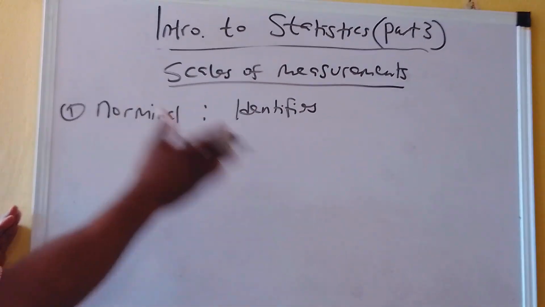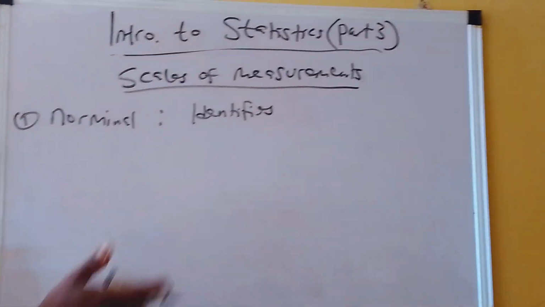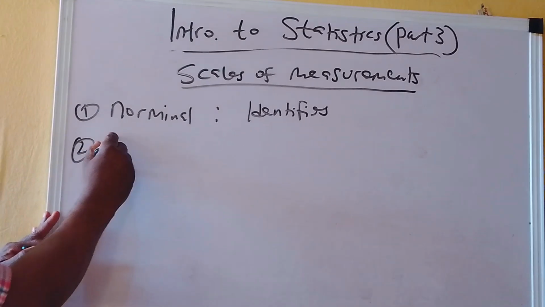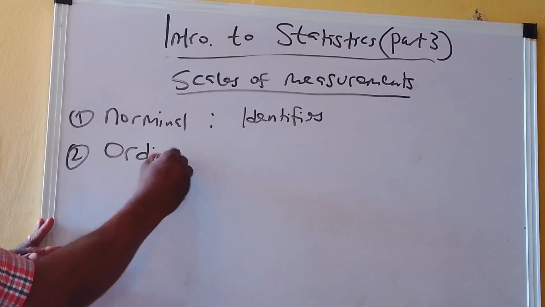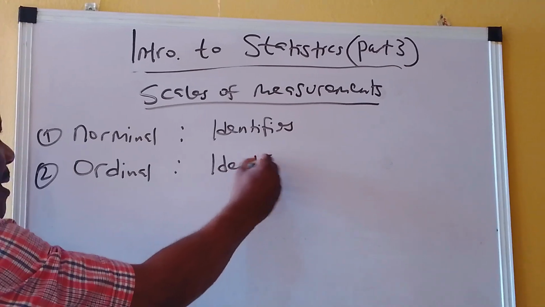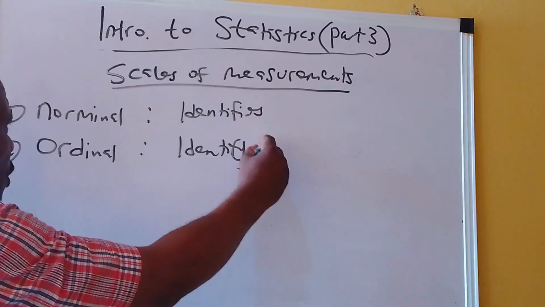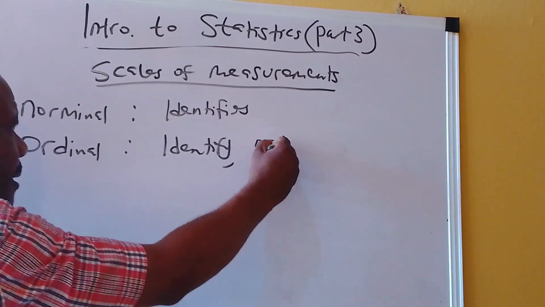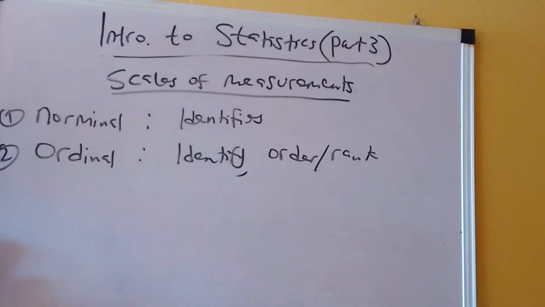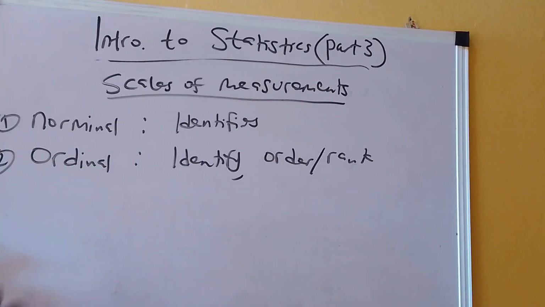It tells you whether it's a male or a female; it identifies the gender. Then number 2 is called the ordinal. The ordinal will identify, and at the same time it will also order or rank the data in position.